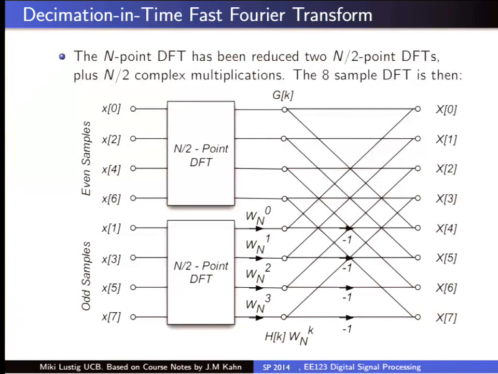So here's the simplification. What we do now is we take the even, we take the odd, we compute an n over 2 point DFT, and we get the result. We multiply the odd ones with these factors. Now for the first part, we just add these to these, one by one.